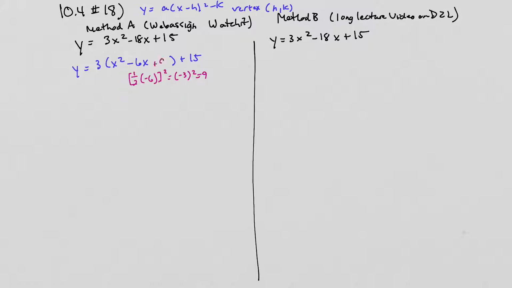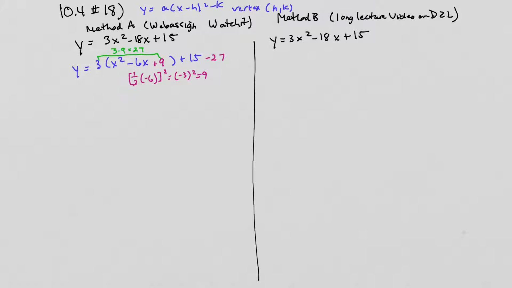into the trinomial here. But you didn't really add 9, did you? Because what you added was 3 times 9, which is 27. So if you were to multiply this all out again, when you distribute it, you get 3x squared minus 18x plus 27. So we're going to undo adding 27 by subtracting 27 off to the right over here.